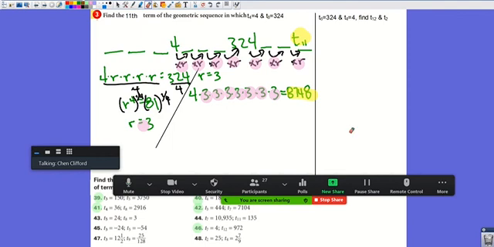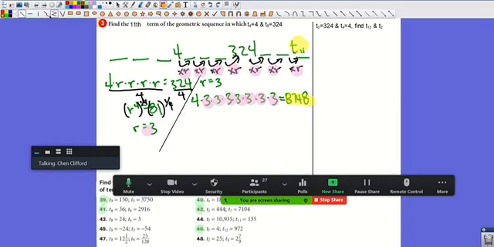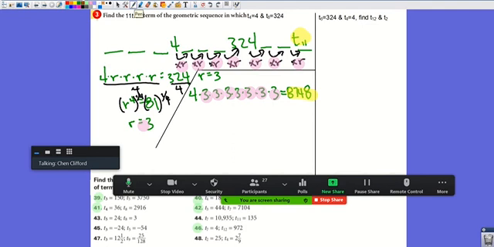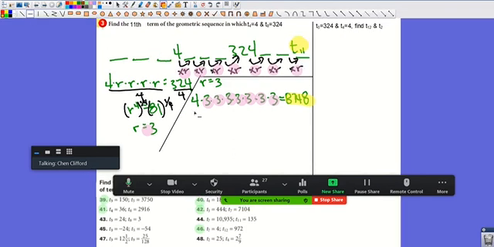But remember, we've got to see what happens if r is negative. What happens if r is negative? This is pretty much why we start on the 4. So let's go with r equals -3.